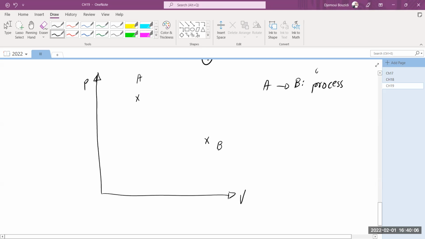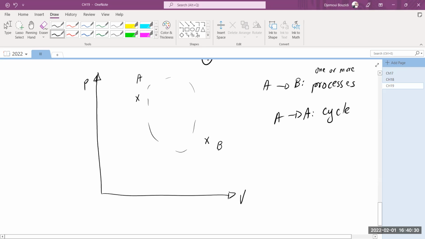One or more processes, okay? The exception is when A ends up being A itself. That's actually called a cycle. So if my starting point is my ending point, then I have a cycle.